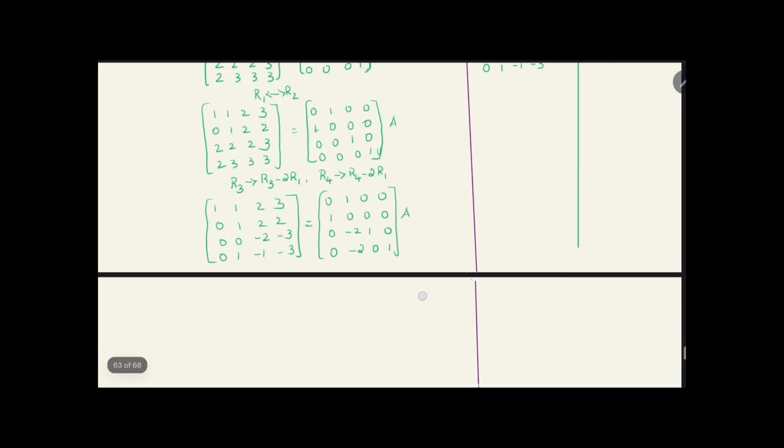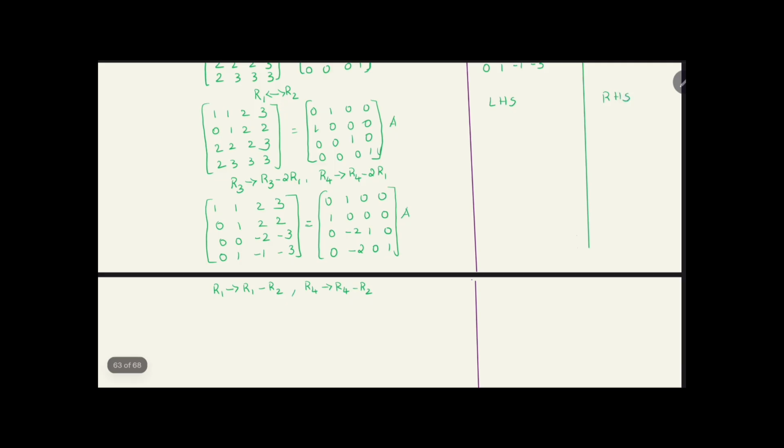I will write down the operation here: R1 implies R1 minus R2, and R4 implies R4 minus R2. Now I am doing it here students. This is for the left hand side, and this is the right hand side matrix.